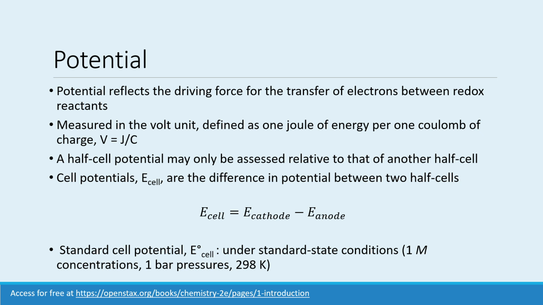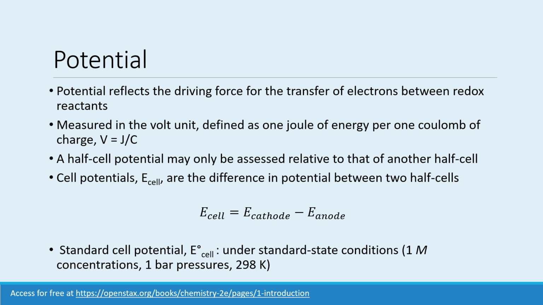A half cell potential can only be assessed if you have another half cell to compare it to, right? It's a driving force, it's a transfer of electrons, and so you have to have both half cells present. And so a cell potential is going to be the difference in potential between the two half cells.